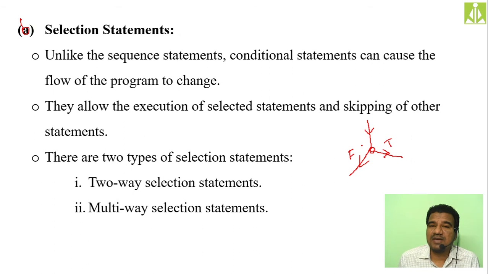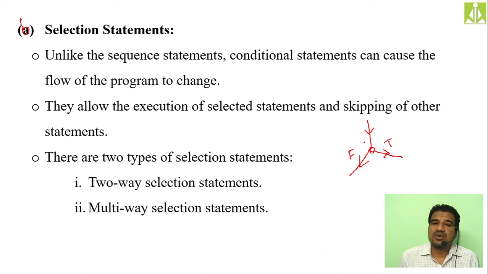So why are we saying skipping of statements whenever we talk about decision making statements, selection statements, or conditional statements? Because there is always a possibility of skipping some path or some statements inside our program. Because of that reason only we say conditional flow or selection statements or decision making statements will make some selected statements be selected, and other statements be skipped.